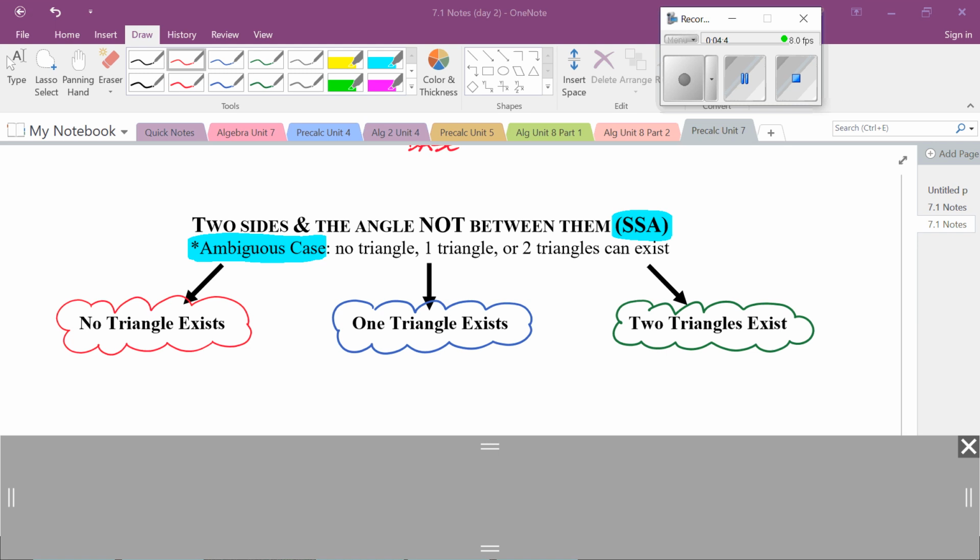Okay. Now, when given two sides and an angle, I'm always going to refer to the angle that you're given as theta.